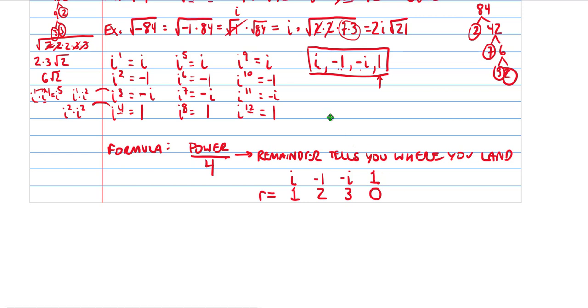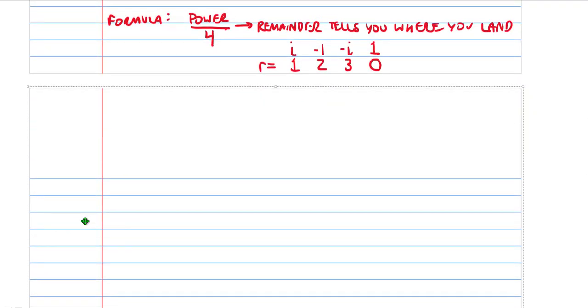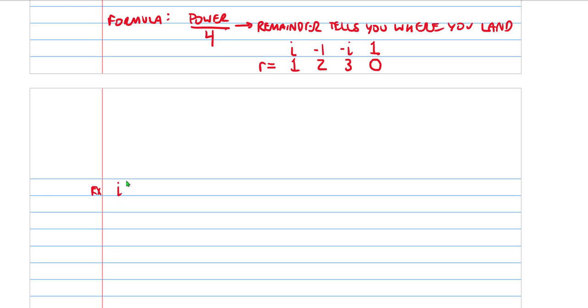Let's take a look at an example or two of this. So let's say we have I to the 623rd. Now keep in mind, some calculators actually can handle this calculation.